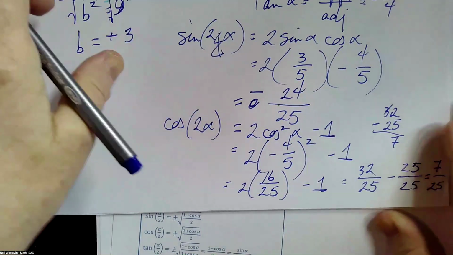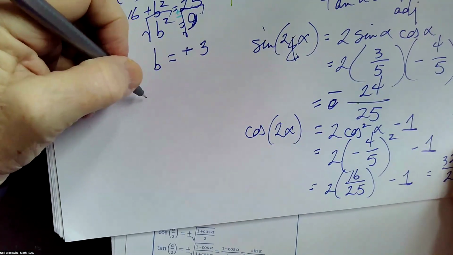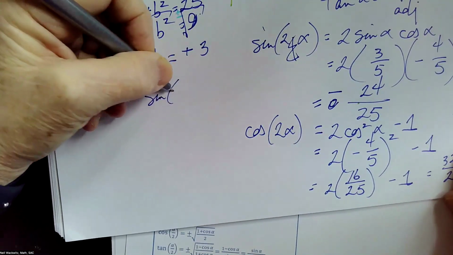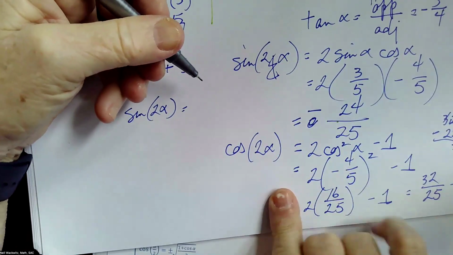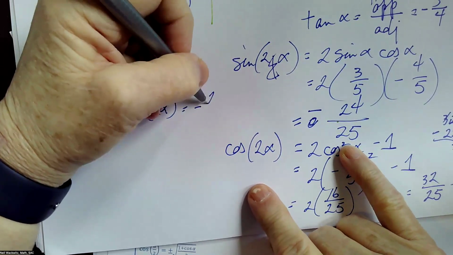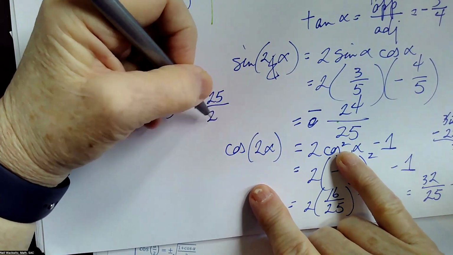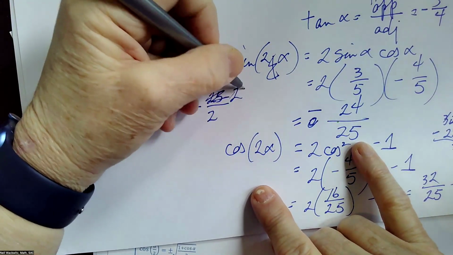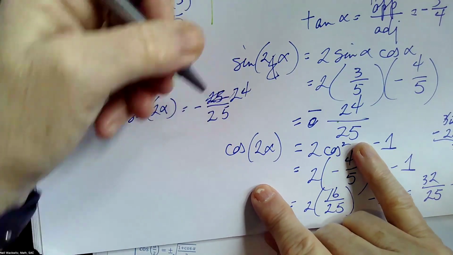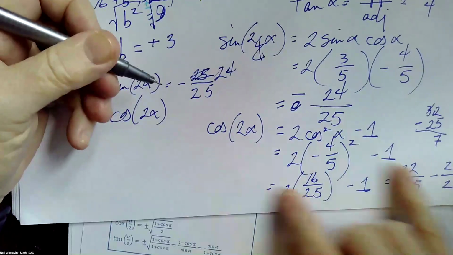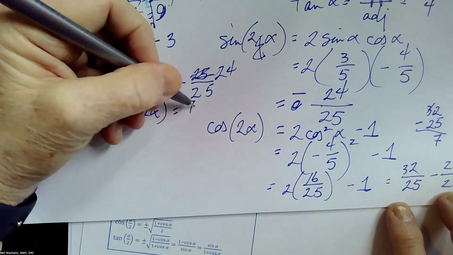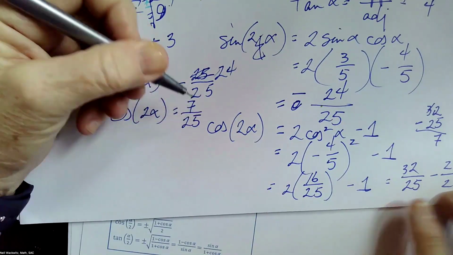So let's see. We said that the sine of 2 alpha is -24 over 25, and that the cosine of 2 alpha is 7 over 25.